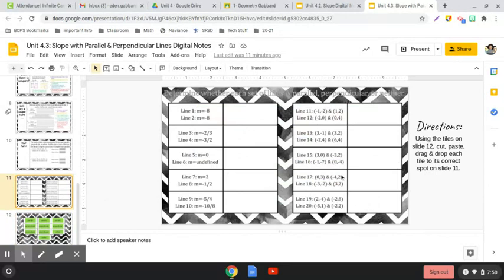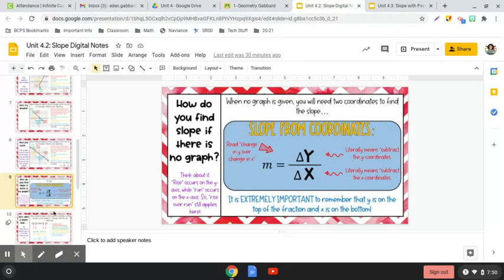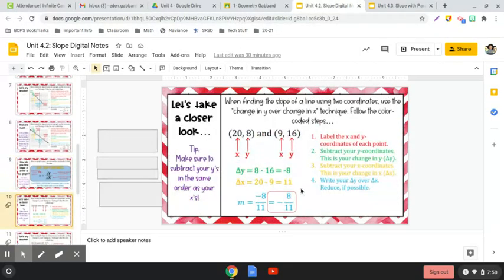You're going to need some pencil and paper, guys, to solve for your slope. On this side, remember the steps to solve for slope given 2 points. Label the x and y coordinates of each point. Subtract your y coordinates to get the change in y.